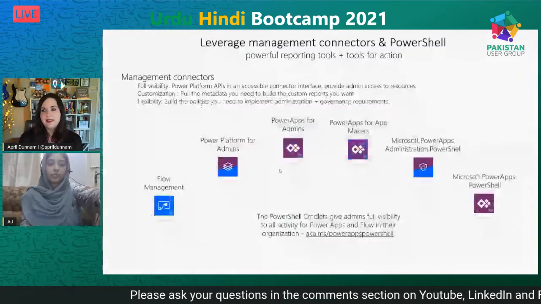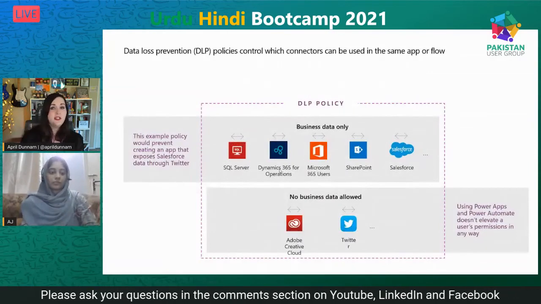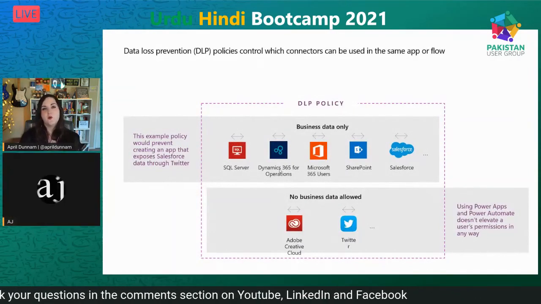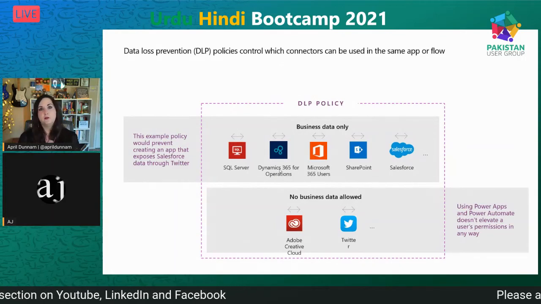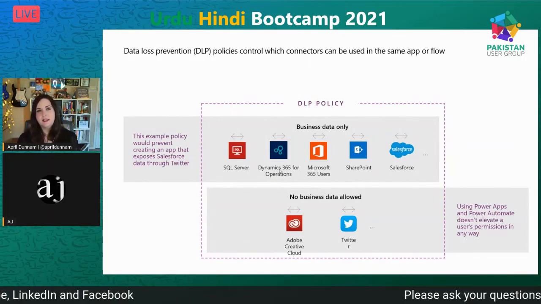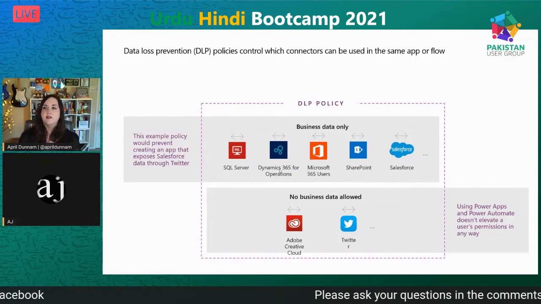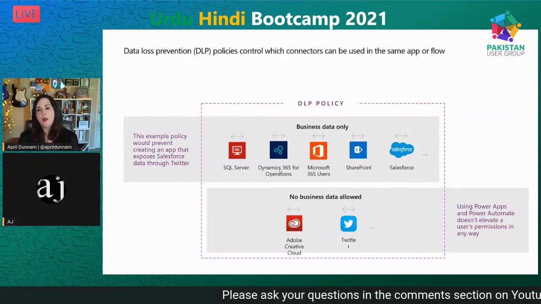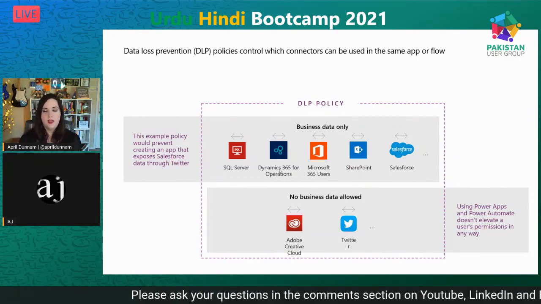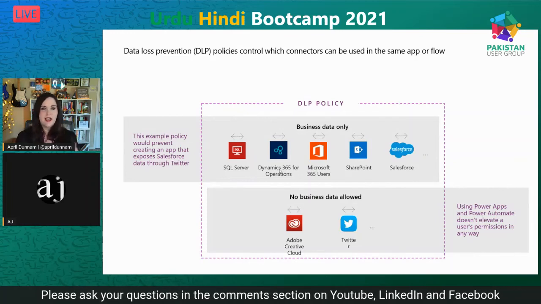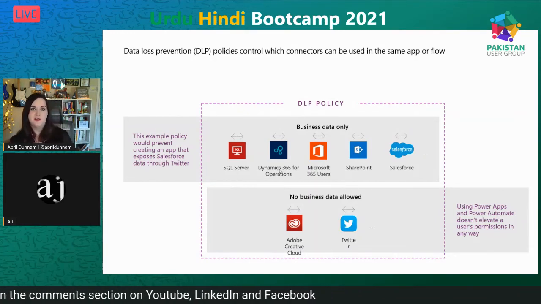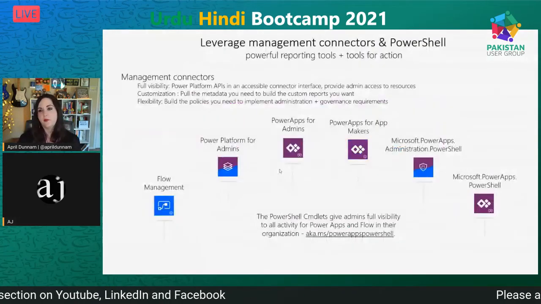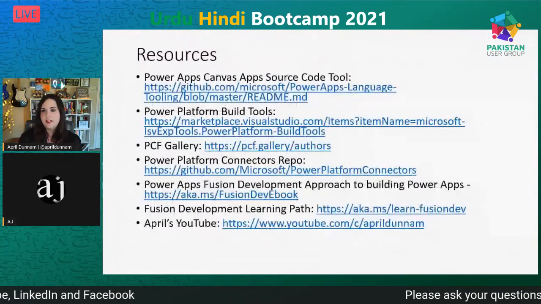We have built-in testing, analytics. I mentioned DLP policies earlier. If you're worried about security and people being able to leak data out, we have these data loss prevention policies that allow us to restrict what connectors people can mix and match, so that you can't have one application that connects to your Salesforce data and then also, say, Twitter to accidentally tweet out information. So that's data loss prevention policies.